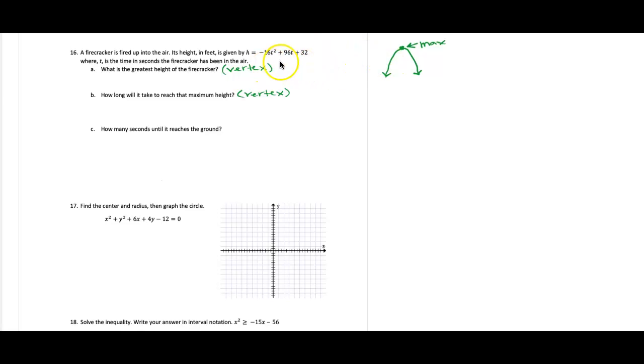On this, it looks like we can factor out a negative 16, but let's just do the vertex. The vertex formula is: x is negative b over 2a, and then to find y, you just plug x into the equation.